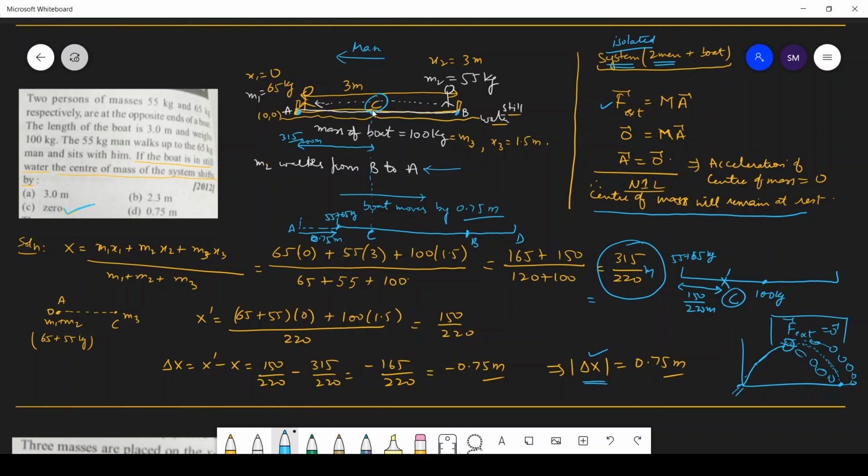So the center of mass will remain at its place. Here also the bomb was exploded, so these parts were moving, but the center of mass didn't move. So here also the boat moved, but the center of mass didn't move.